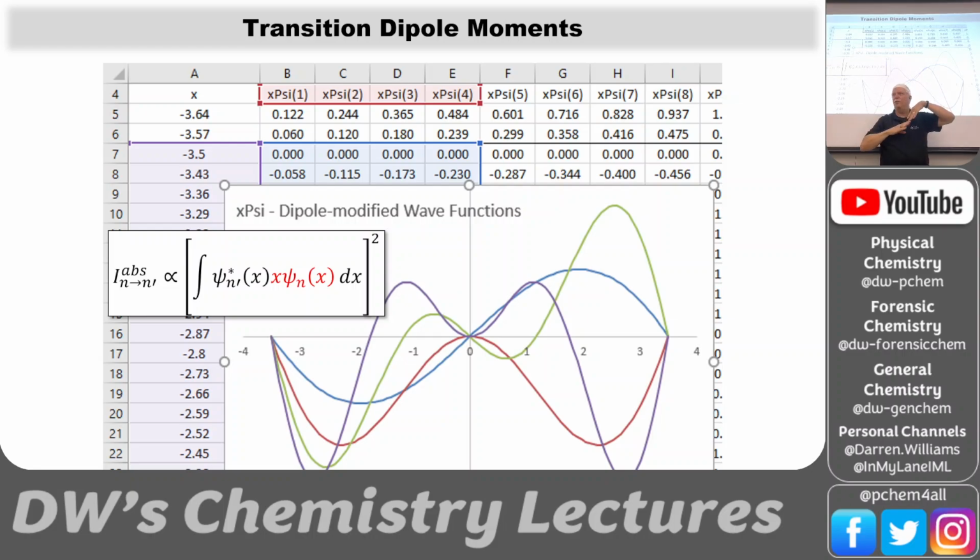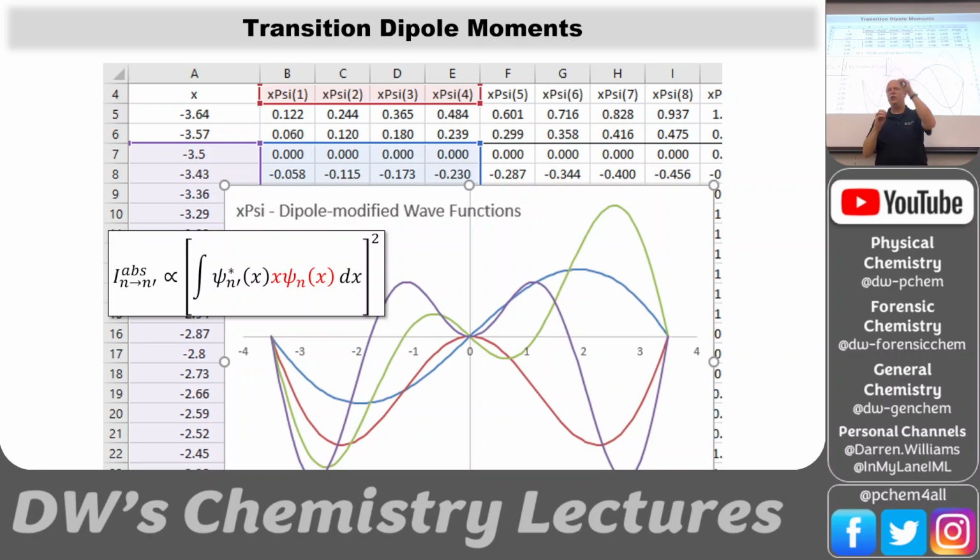It goes through 0 in the middle. That changes its nature when I then multiply that by a wave function in the upper state that also goes through 0. Now these wave functions are more compatible, so when I integrate them over all space, I get a non-zero result.